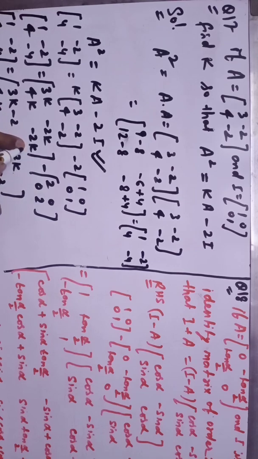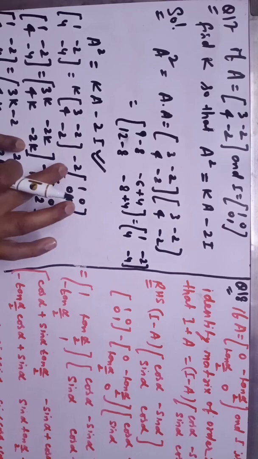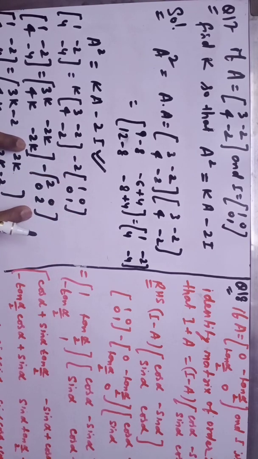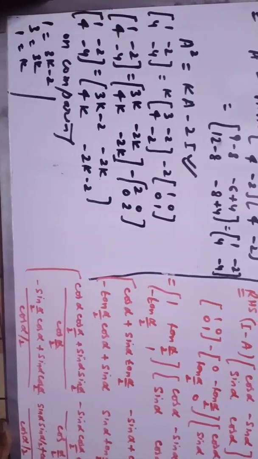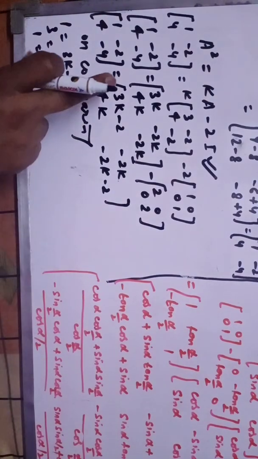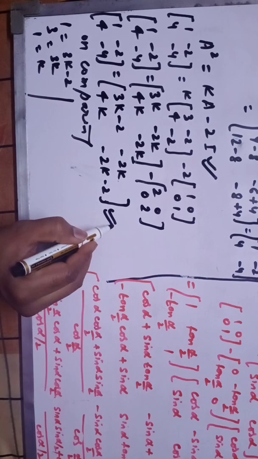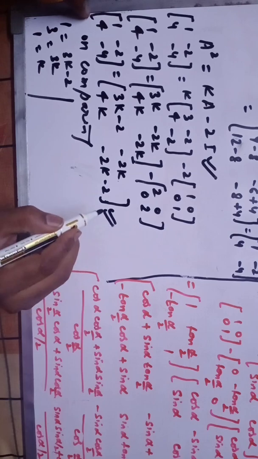You will multiply each element with K: 3K minus 2K, 4K minus 2K. And similarly here you multiply 2 with this matrix and you will get this matrix. Got it? Here the 2 matrices are subtracted, the sign between them is minus, so you can subtract here. After subtracting you will get this matrix, and your A square will be the same, which you copied.